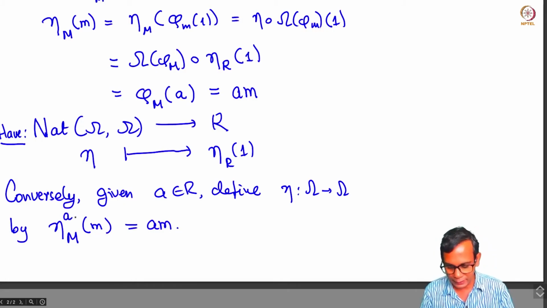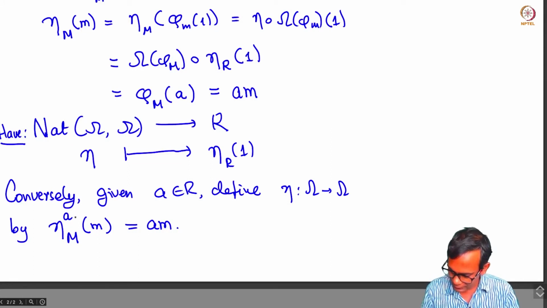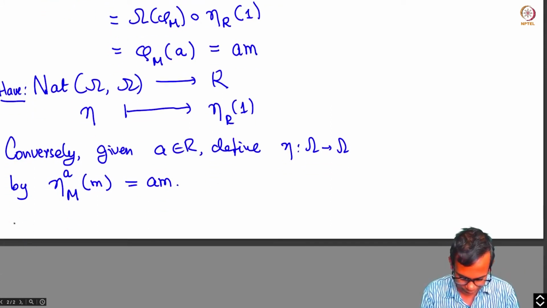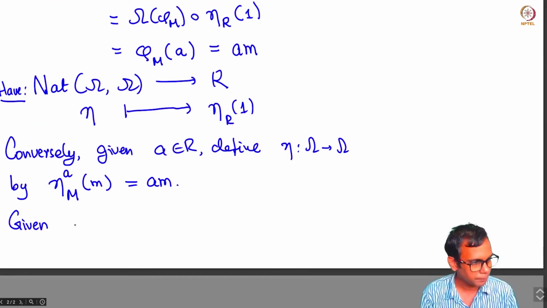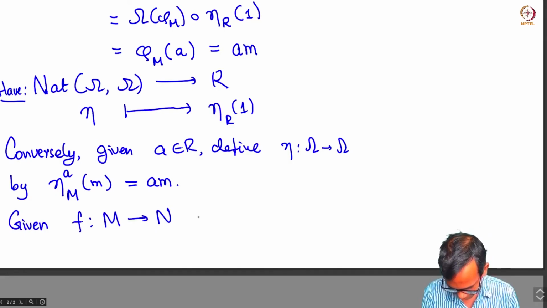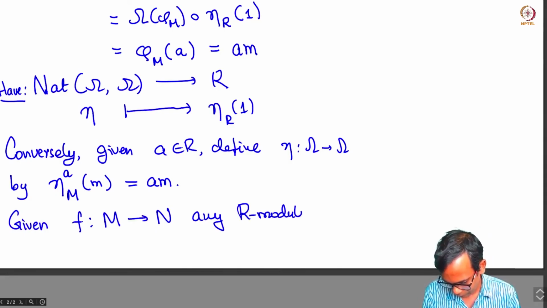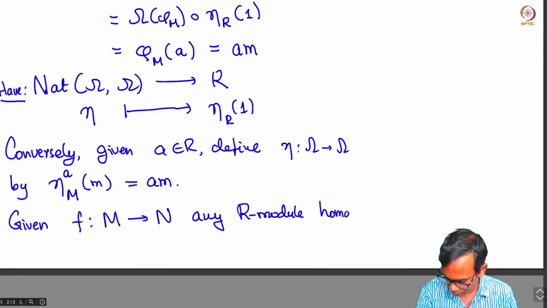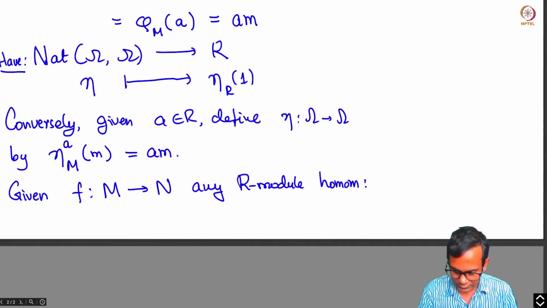So this is the natural transformation associated to a. Is this a natural transformation? Actually, we need to check that. So given any R module homomorphism f from M to N, we need to check that this is a natural transformation.